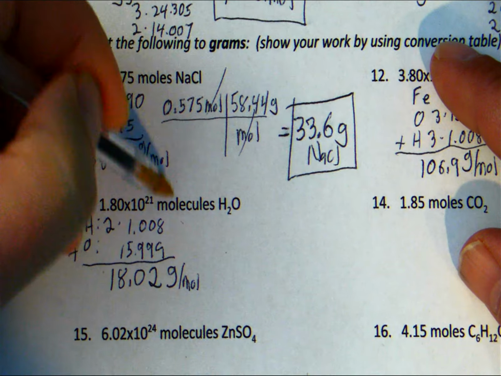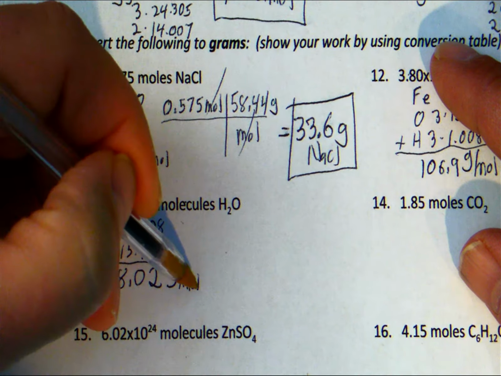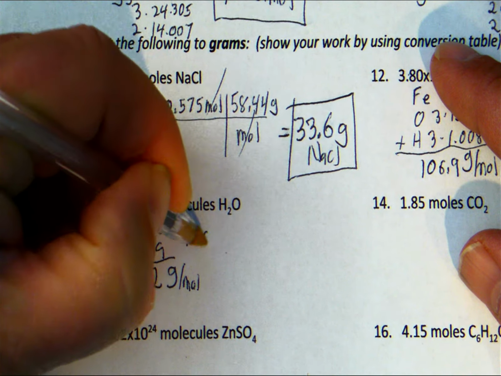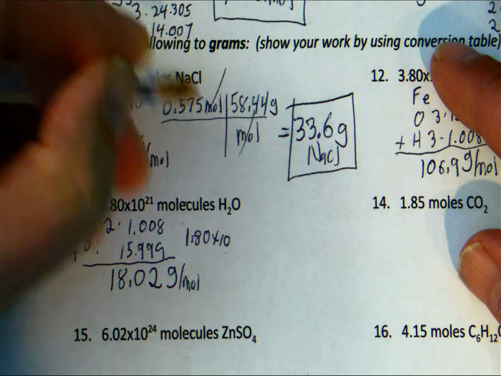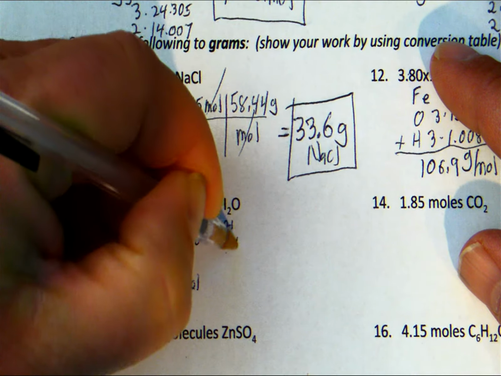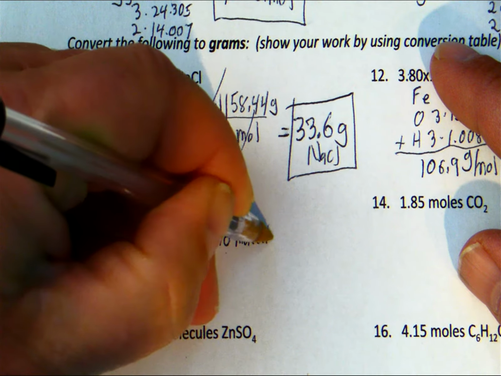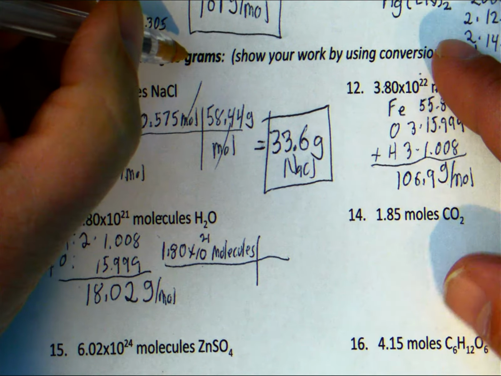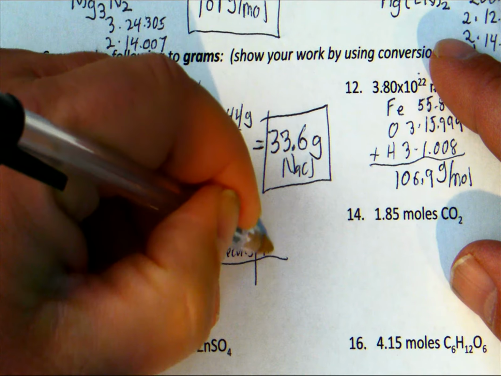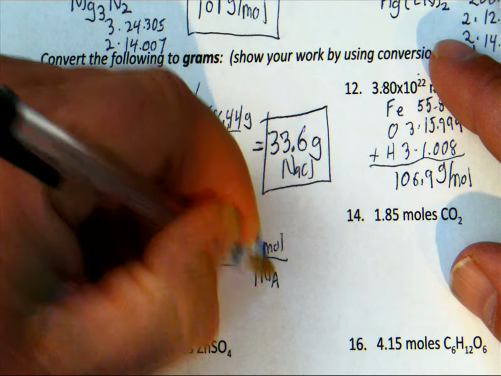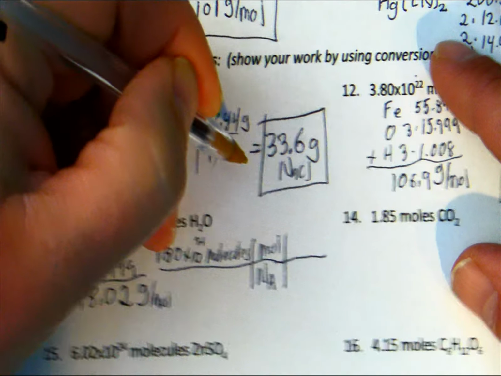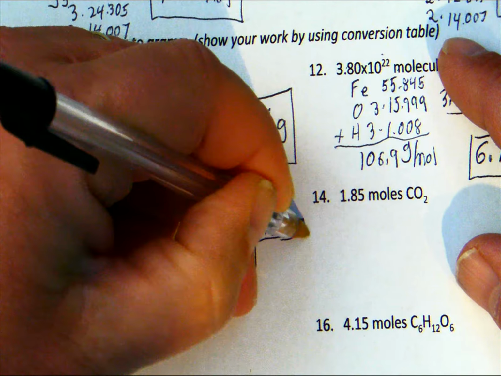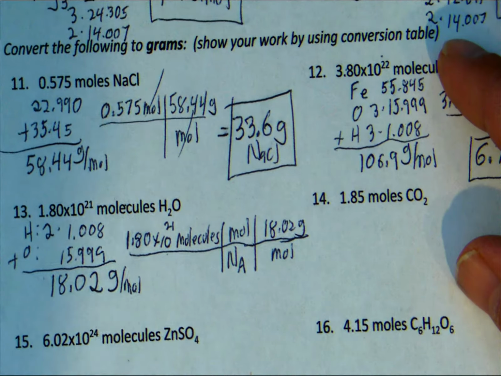Now, I need to go from molecules to moles and moles to grams. So 1.80 times 10 to the 21st power molecules times 1 mole per Avogadro's number times 18.02 grams per mole.